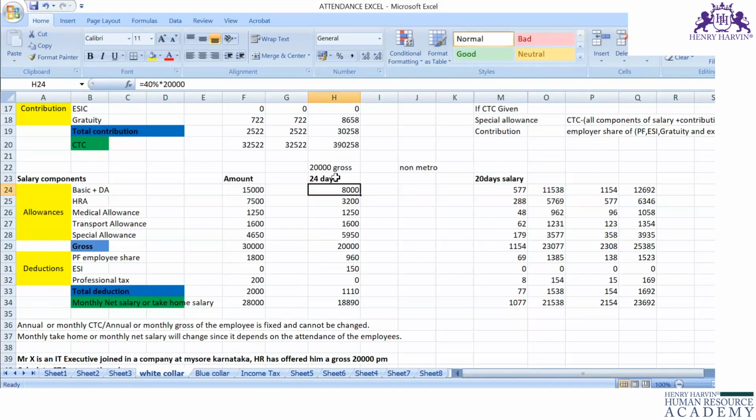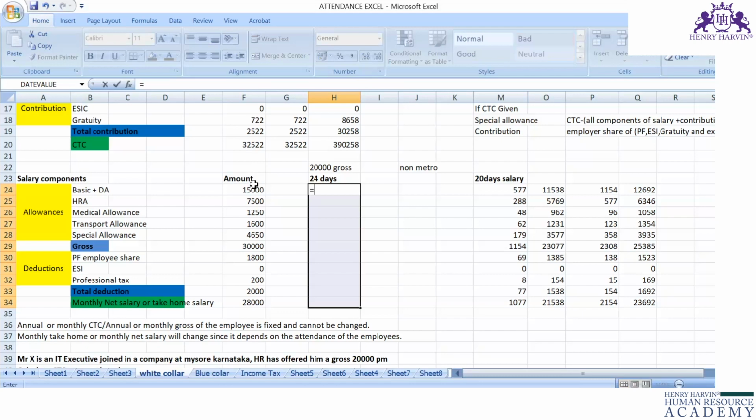Then how will you calculate the salary? That is the salary for the month divided by 26 into 24.